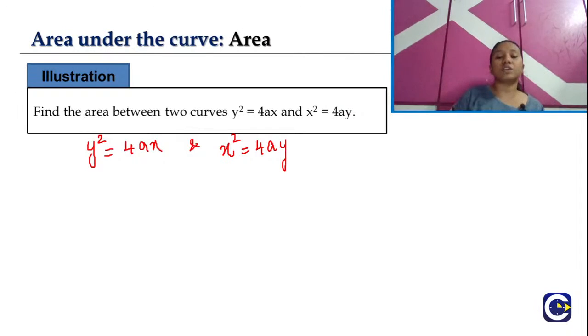So what is the first step? As I mentioned, we have to plot the graph, or sketch the figure, of these two given curves. So quickly do that, guys, and let me know. I'm just checking your comment section so that if somebody gives me the answer, I can reply.